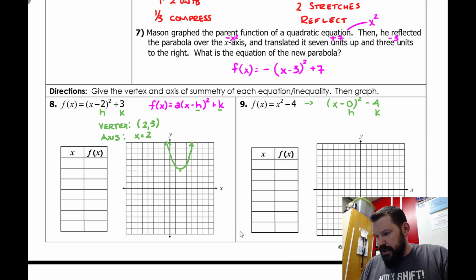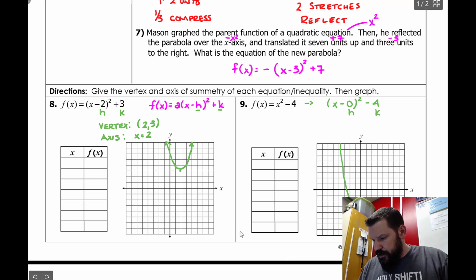So we can plot these points, 0, 1, 2, 3, 4. There's our vertex. The graph is not reflected, so we just draw our parabola opening up with the vertex at 0, negative 4.